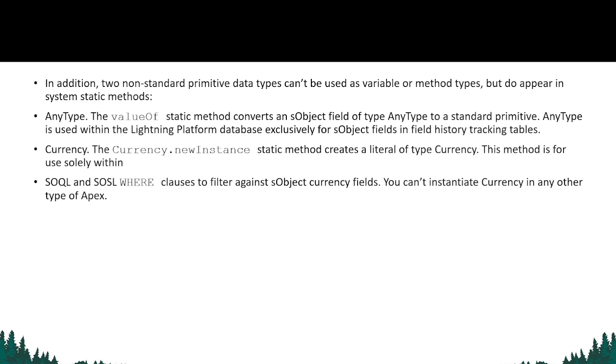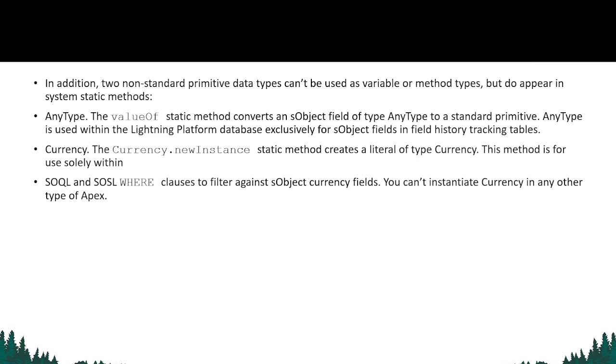and then it converts it to the sObject field of any type, then to a primitive standard data type. So any data type can be used within the Lightning platform for the sObject creation. And then we have the currency.